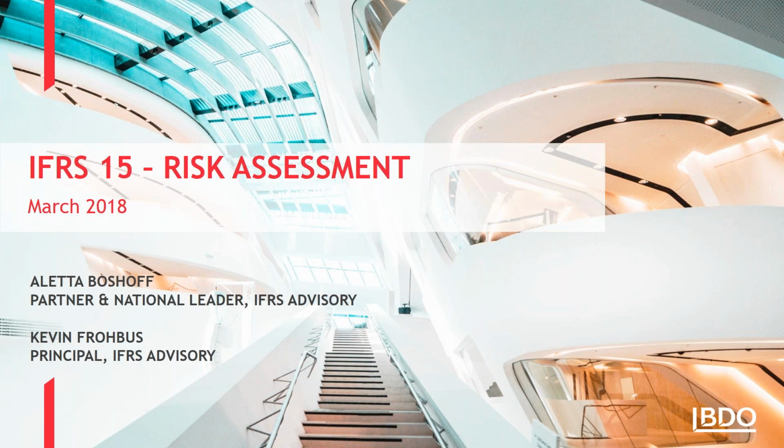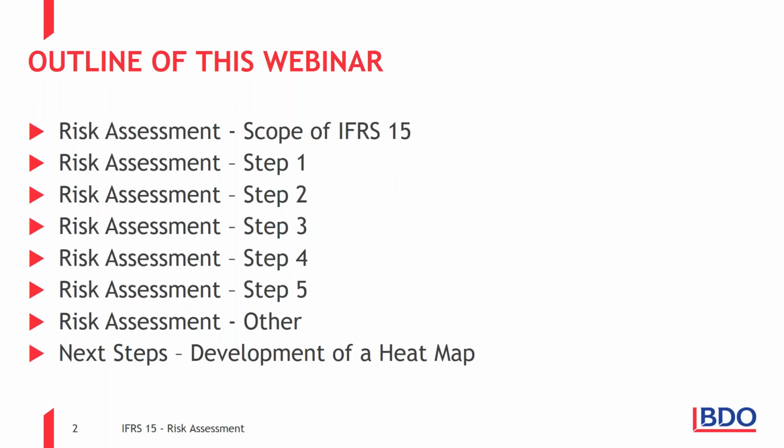If we look at today's outline, we'll start with doing risk assessment around the scope of IFRS 15, and then we'll do a risk assessment for steps 1 to 5, looking at each step individually.